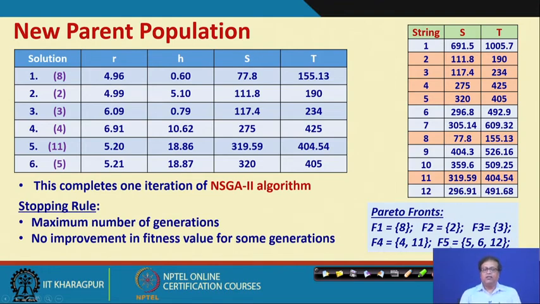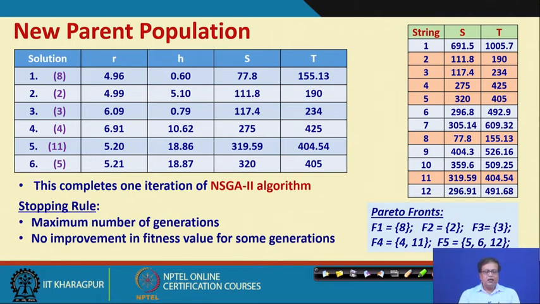Based on the crowding distance. When all of them are chosen, that completes one iteration of the NSGA-II algorithm. And the stopping rule is the maximum number of generations, or no improvement in fitness value for some fixed number of generations. So this is how we carry out NSGA-II.